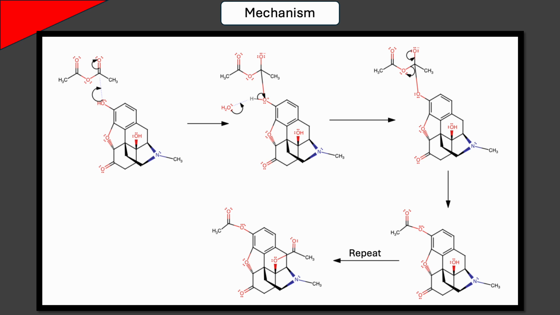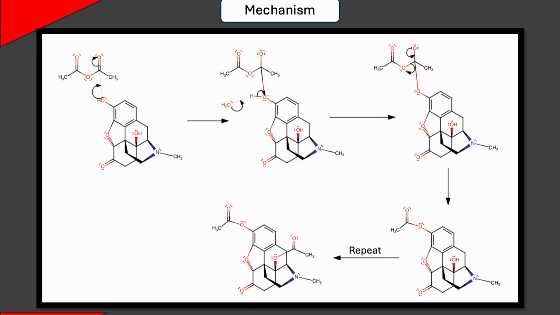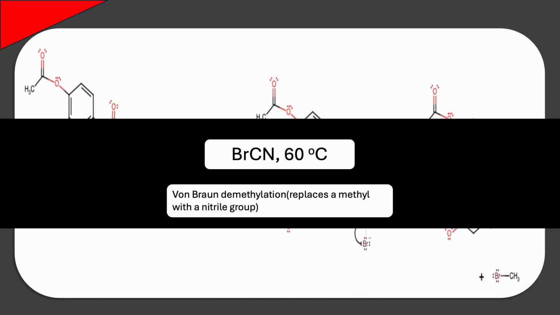This will produce the fourth structure, which is then repeated once more with the alcohol, which creates this structure, which basically has an ester bond. This will protect it from any side reactions. Reaction with BrCN is called the von Braun demethylation, which will replace the methyl with a nitrile group.